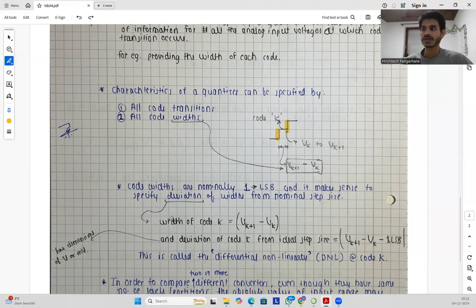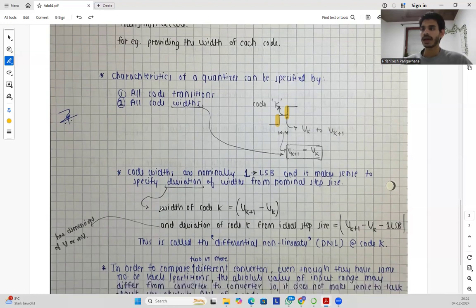The width of code k is given by Vk plus 1 minus Vk, and the deviation of code k from the ideal step size would be the width minus the LSB, the least significant bit. It has a dimension of volts or millivolts, as I talked about earlier. This is called the differential non-linearity, or DNL, at that code k. DNL is specified at that particular code k only.